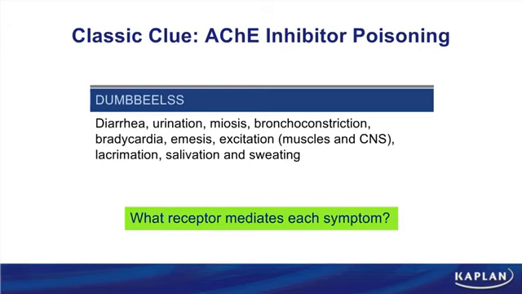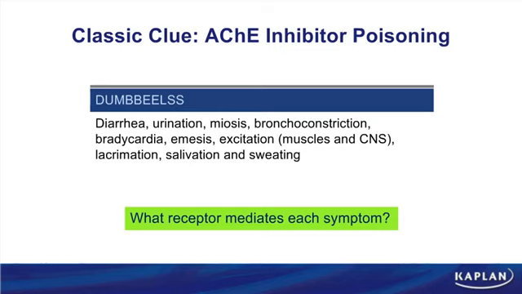That's also M3. Miosis, pupil constriction, that's M3. Bronchoconstriction. On the lungs, you also have M3 receptors. Okay, be careful. What about bradycardia? That's right, the heart has M2, so that would be M2 activation causing bradycardia.